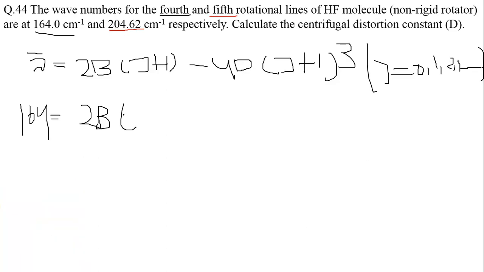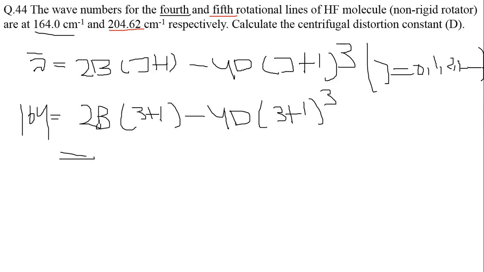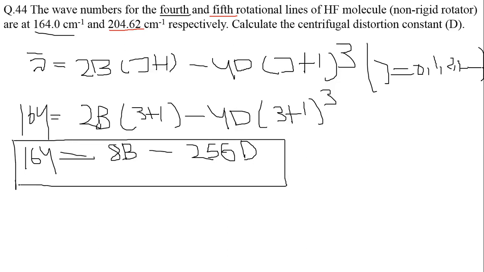So it will be 4, that is 3 plus 1, so 2B into 4 is 8B, minus 4D into (3 plus 1) cube, which is 4 cube, 64. 64 into 4 is 256D. So 164 is equal to 8B minus 256D. We got one equation.